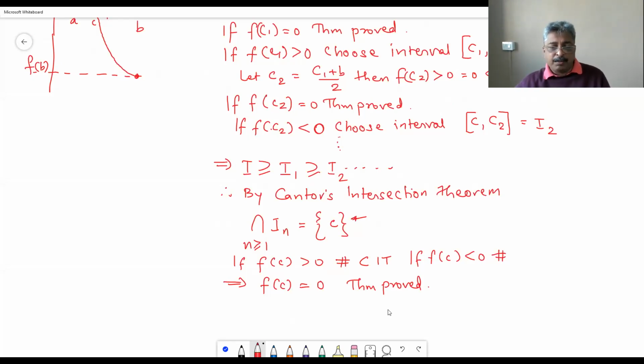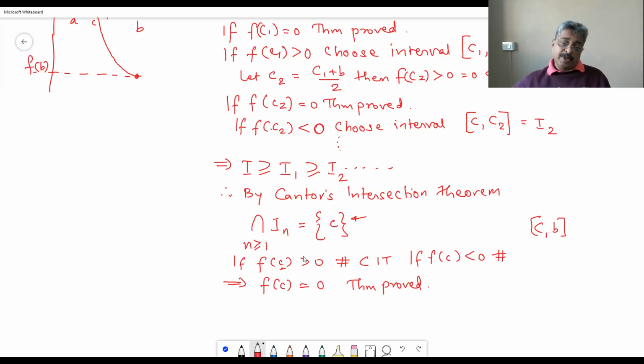Because if f of C is greater than 0, then this C itself is a starting point. C comma B is a starting point of this theorem. That is where we started. So you do these iterations and you arrive at new C, where you cannot afford to have it greater than 0, you cannot afford to have it less than 0.